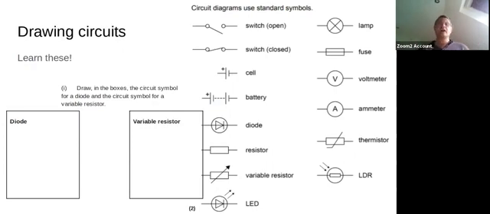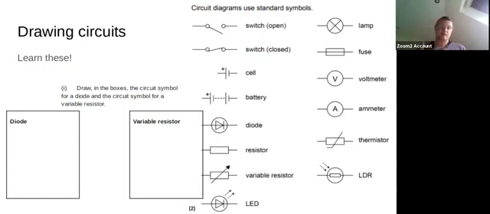On the other side, I've put an example of an exam question. This is 2 marks in a GCSE exam for just knowing these symbols and drawing them. So I'm not going to spend ages talking about them. There they are. You just got to learn them. There's only about 15 of them, so this is great flashcard fodder. Put a symbol on one side and the name of it on another.